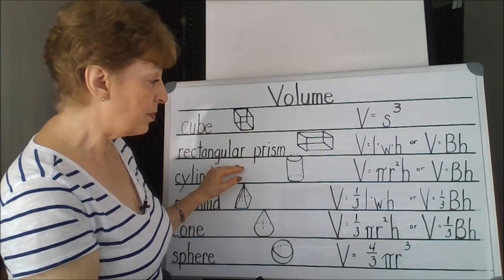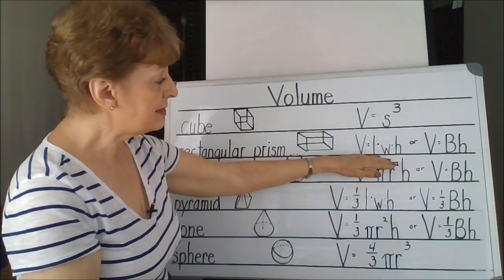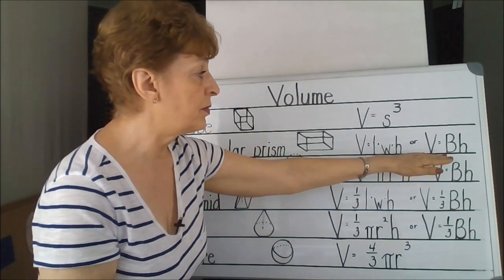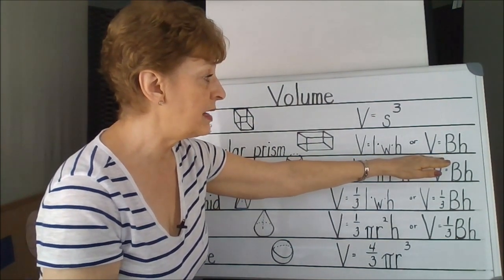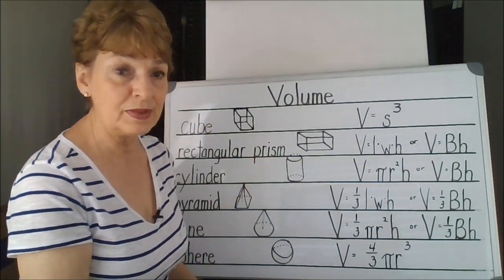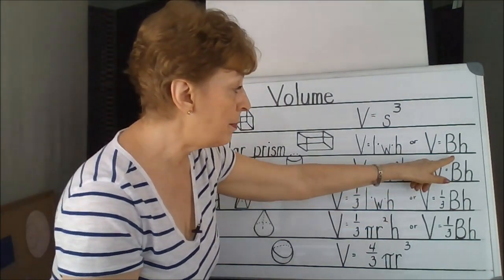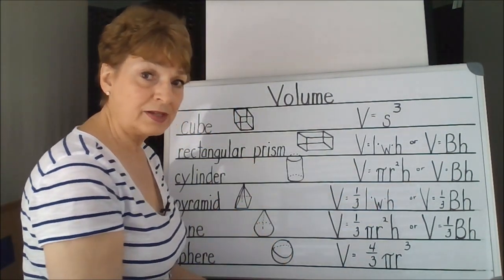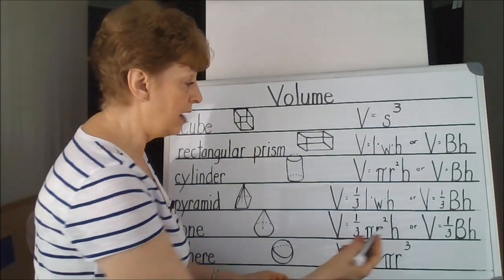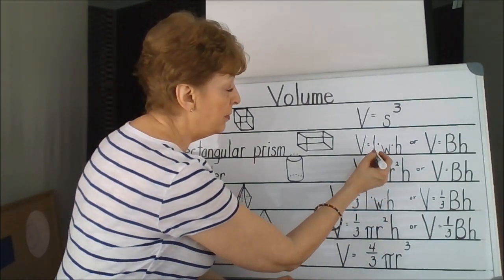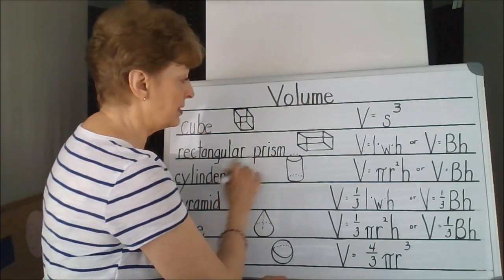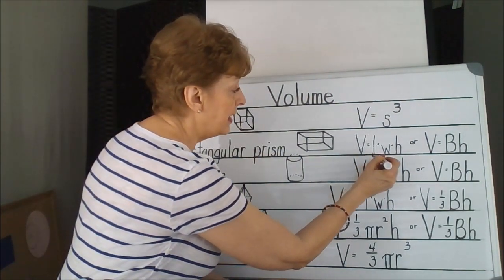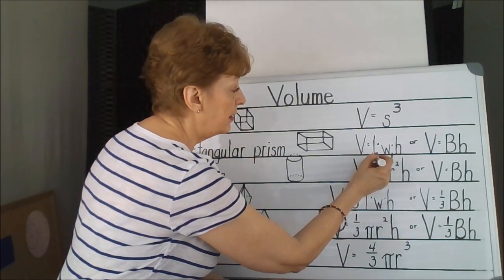The rectangular prism can be shown like this, or it can be shown like this. Volume is equal to a capital B with an H. Now the capital B is really going back to the area calculation. So when we were doing area of a prism, we did basically this, length times width.